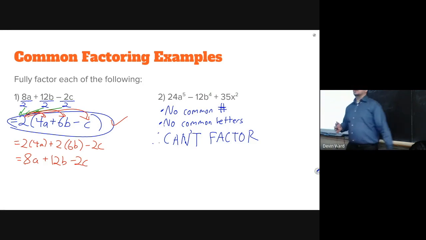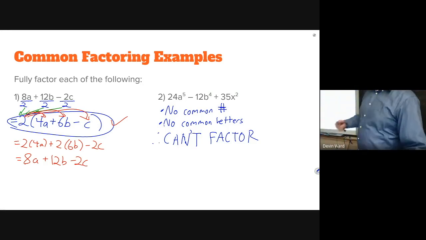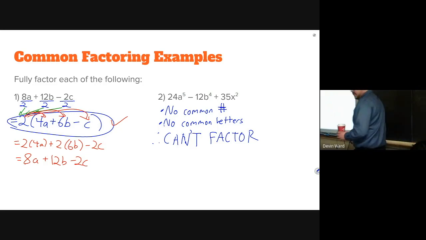I'm not going to give you any like this, but sometimes on the homework sheets, they crop up. Just want to show if you don't have any common numbers, none of the same letters, then you can't factor it, okay? And that's okay as your final answer.